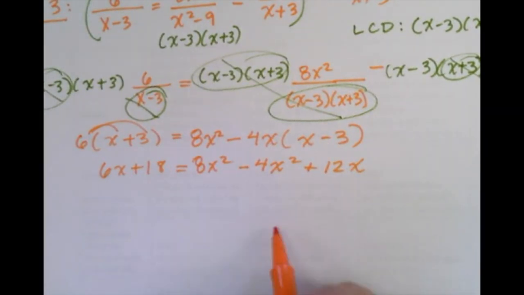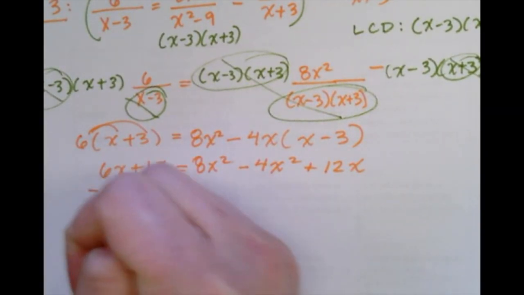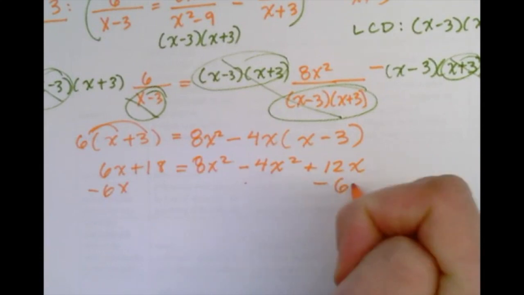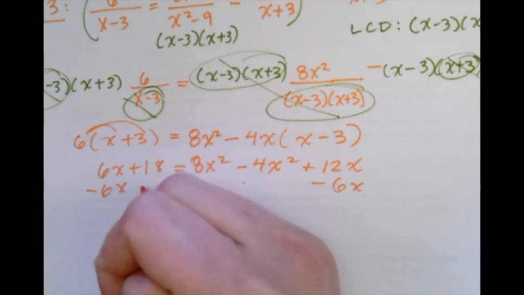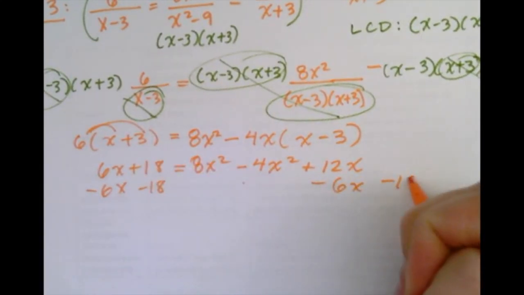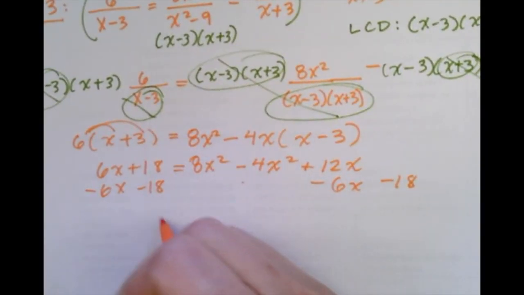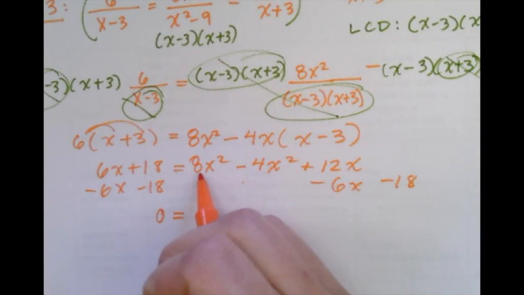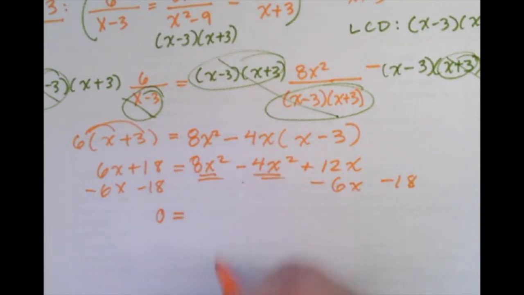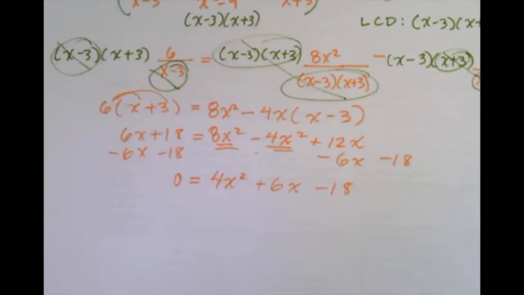Now I'm going to move everything over to one side. So I'm going to subtract 6x over, and I'm going to subtract 18. I'm just doing that all at once to save a little bit of time. So I get 0 equals, I'm going to combine 8x squared minus 4x squared is 4x squared plus 6x minus 18.